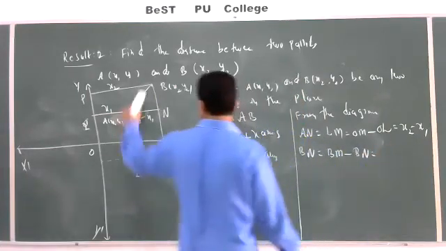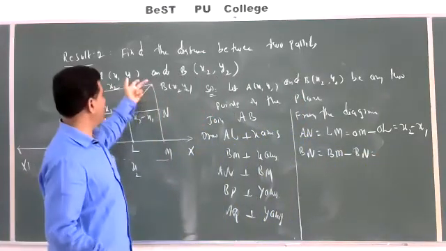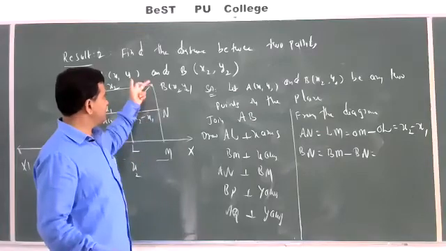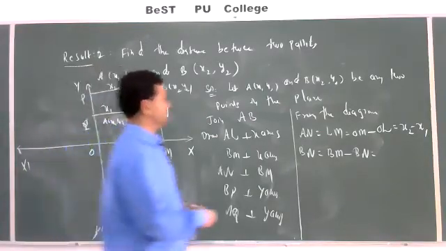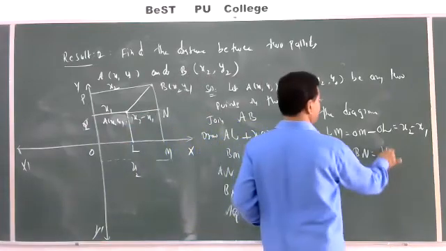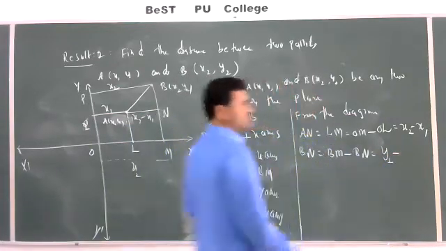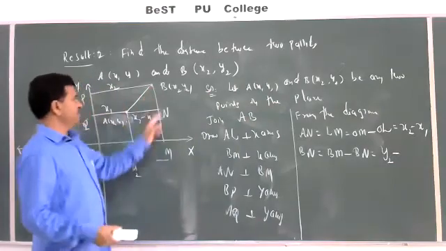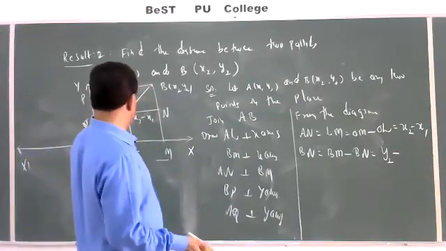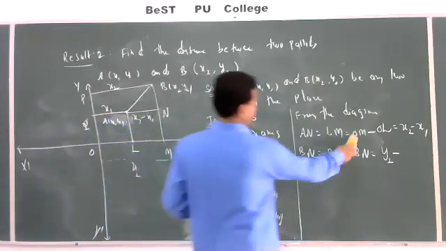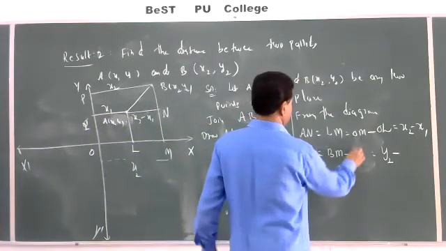What is BM? Perpendicular distance of the point from the x-axis. That is nothing but the y coordinate, y2 minus BN value. Sorry, NM. We required BN.